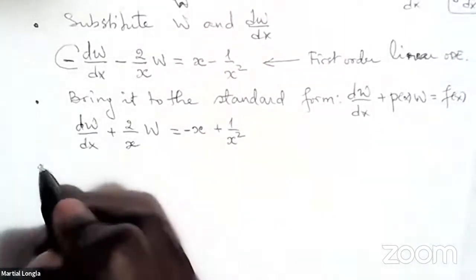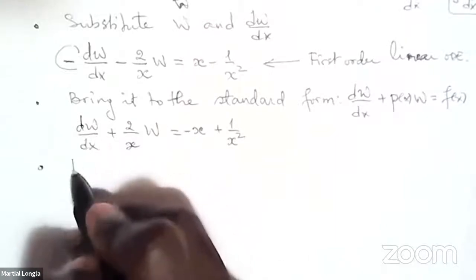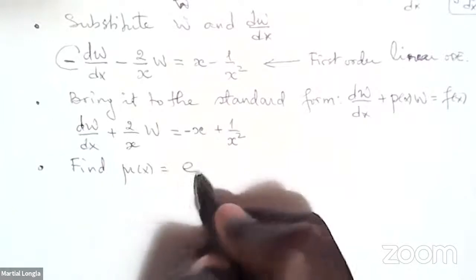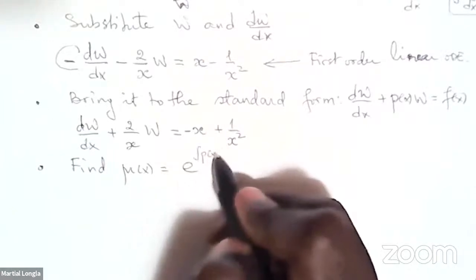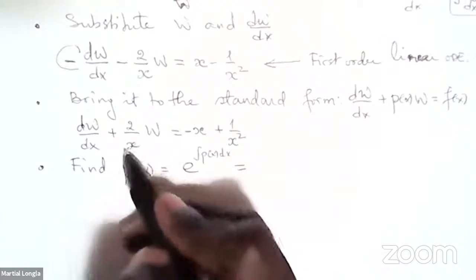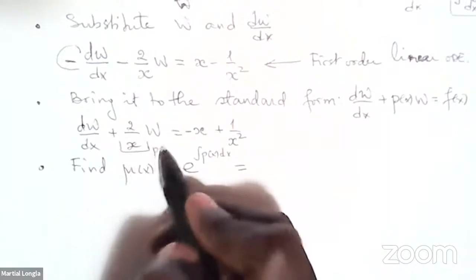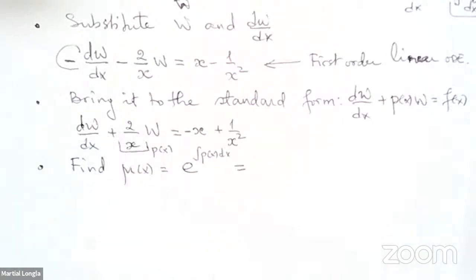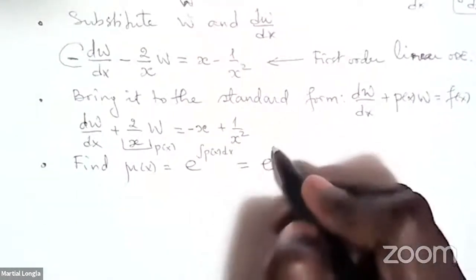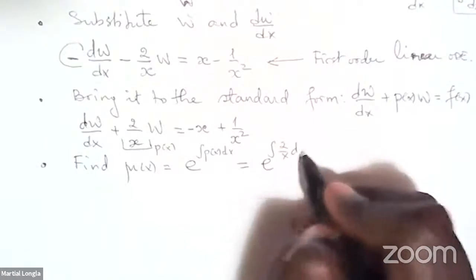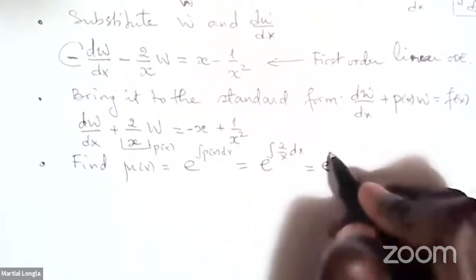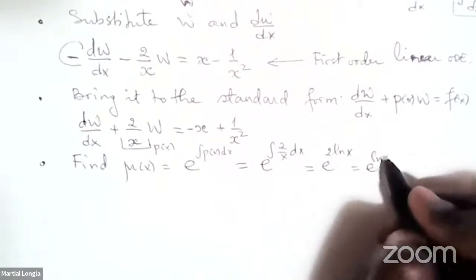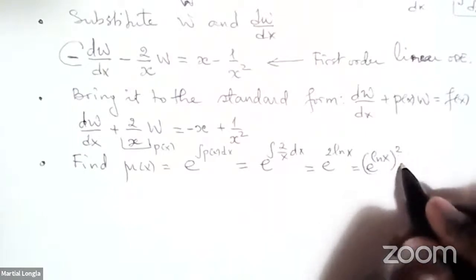So this is what we obtain, a linear equation in the standard form. To solve that equation, the first step is to find mu of x, the integrating factor, which is e to the integral of p(x) dx. P(x) in this case is right there, including the sign. So here, it's e to the integral of 2/x dx, which is e to the 2 natural log of x, and that's e to the natural log of x squared.